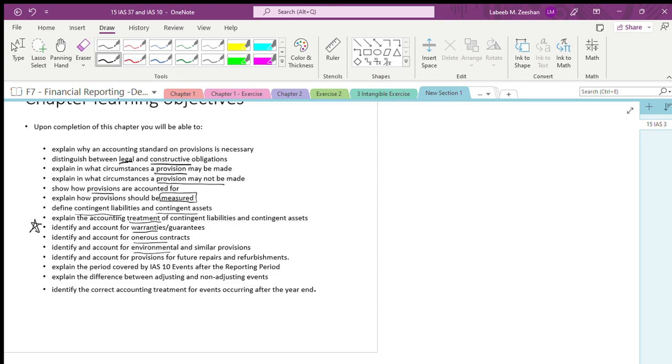Nowadays, this is one of the hot topics, very hot, because any company cannot mess around with the environment. Whatever environmental rules and regulations are there, we have to follow them very precisely.